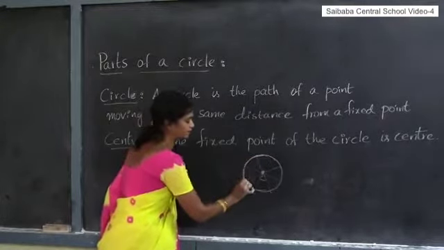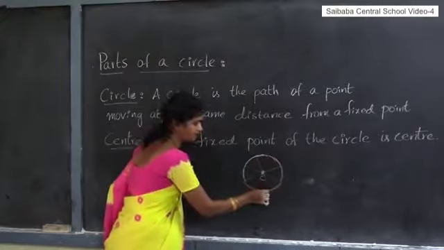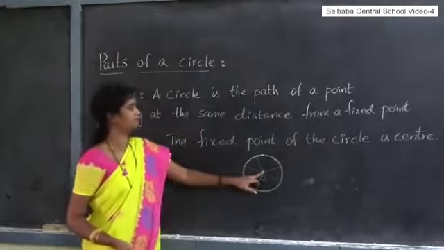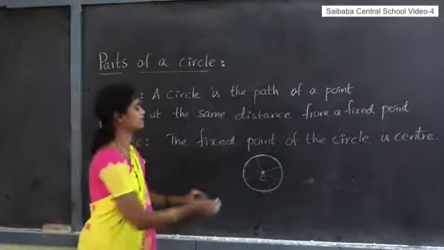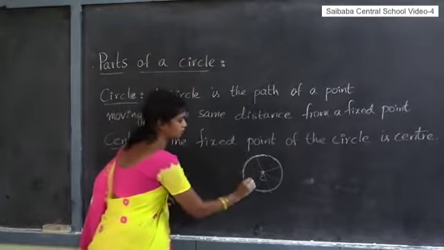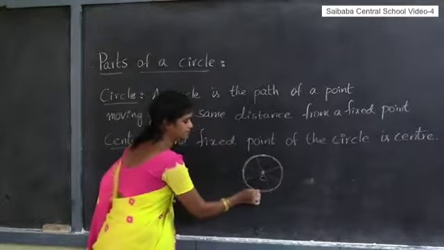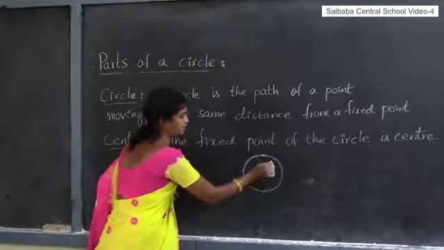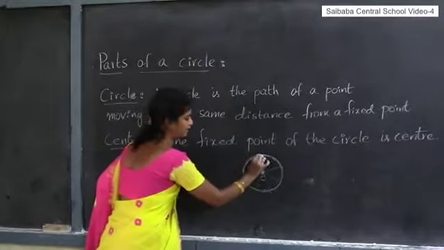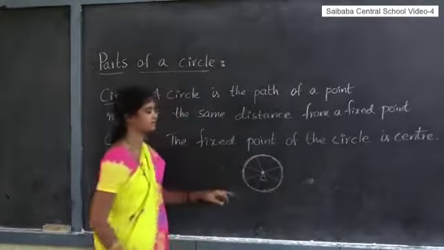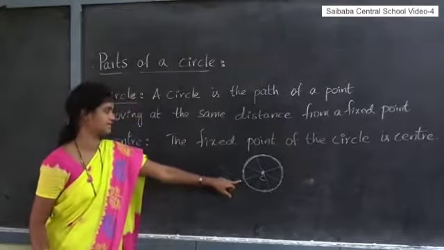The movement of the point at the same distance is called the circle.